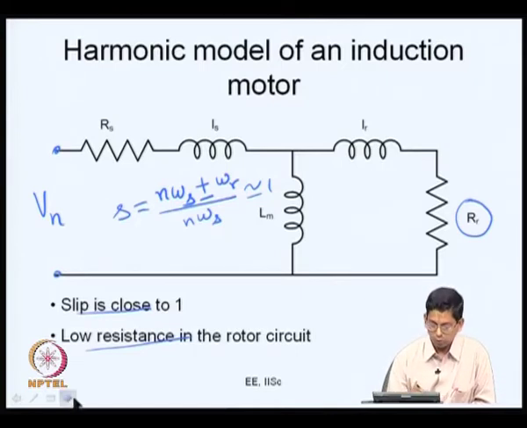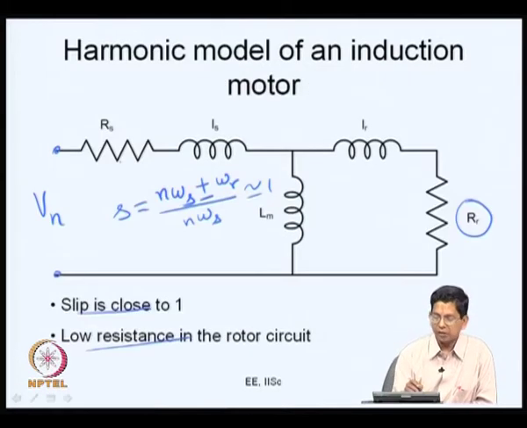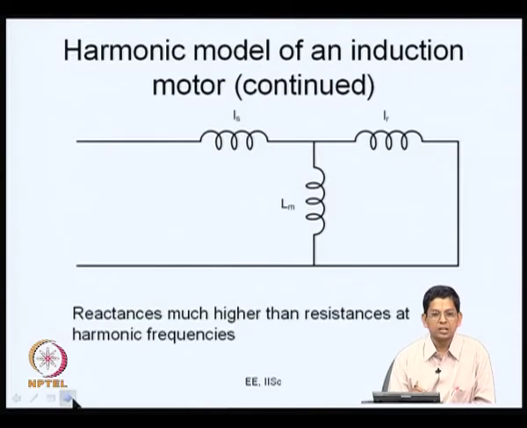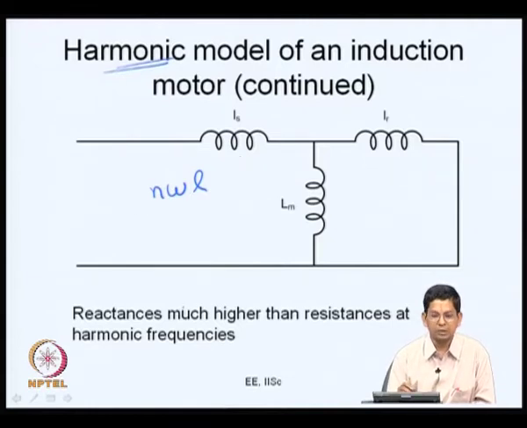Okay. So, you move to the next point. You basically had only the stator winding resistance and the rotor winding resistance, and when you are looking at harmonic frequencies, this omega L actually offers n times omega L, where omega is the fundamental frequency. So, n omega L s is the reactance seen by this, and n omega L r is the reactance seen by that.